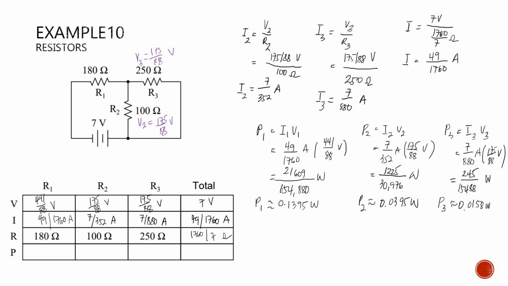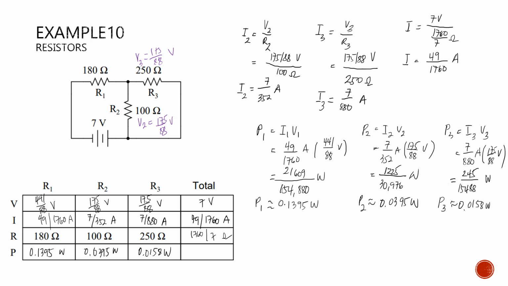So if we add all values and compare it with the total values of I and V, we should get the same value.